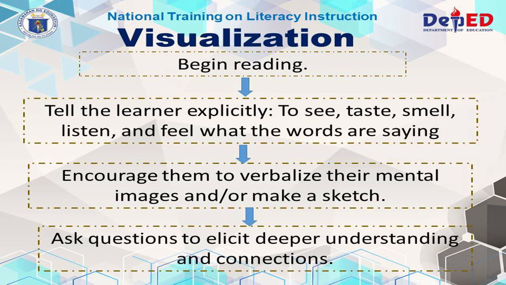What do you see, feel, taste, smell, and hear as we read the words in the story? So we have to verbally tell that to our students, that you have to imagine the story. Or else they will space out and imagine all sorts of things, right? So we have to redirect their attention.